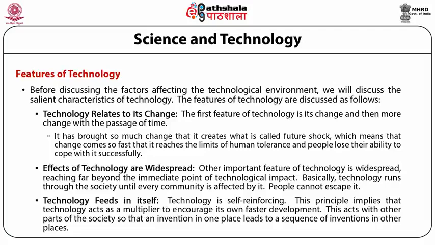Technology is self reinforcing. The principle implies that technology acts as a multiplier to encourage its own faster development. This acts with other parts of the society so that an invention in one place leads to further inventions in other places.